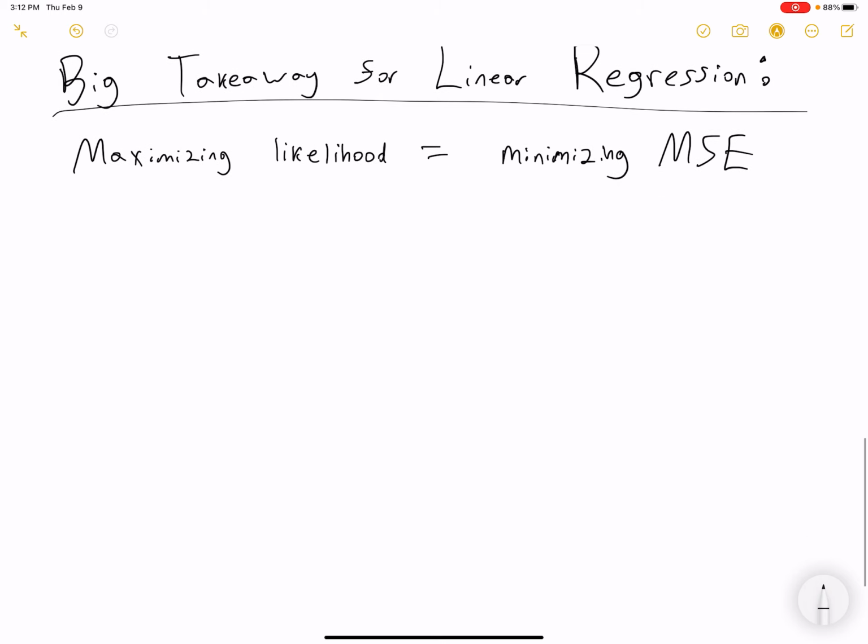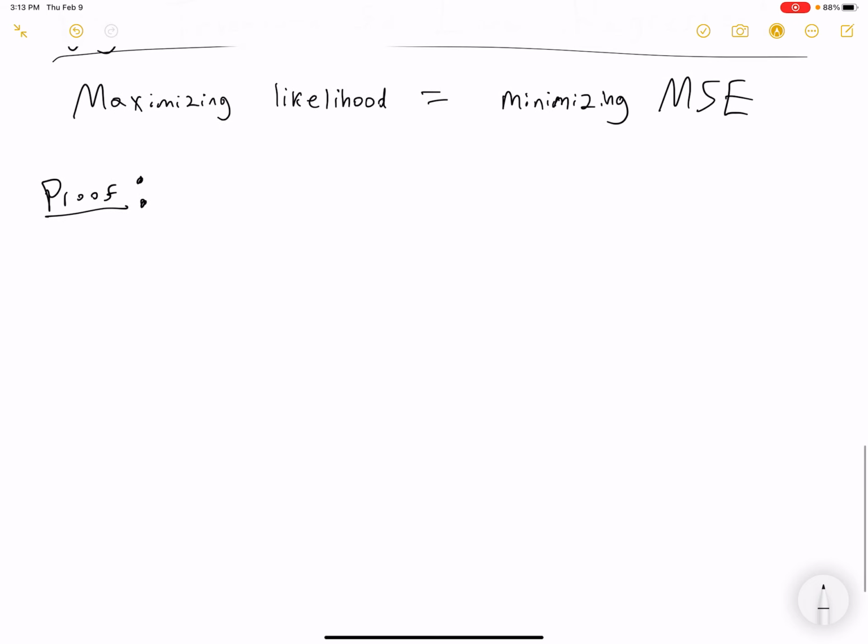We're going to see today why that's the case. Again, you're not going to be asked to make a new proof in this class, but this is just for your understanding of why this is.